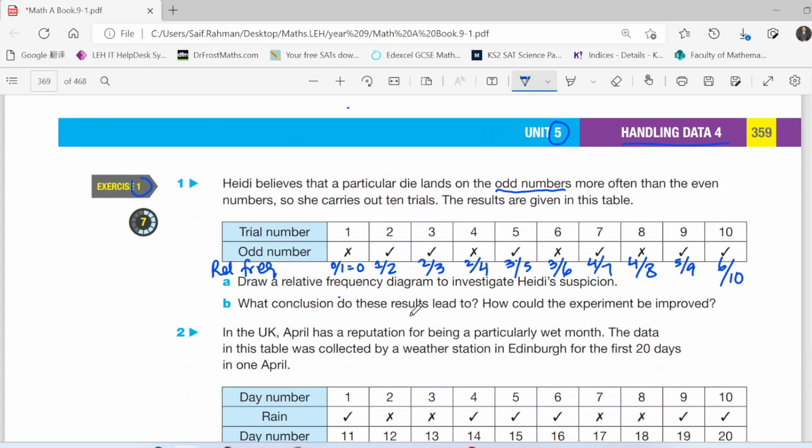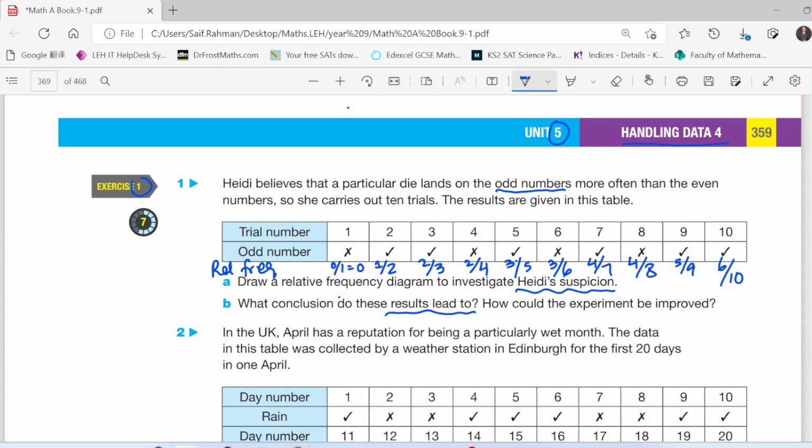The question says draw a relative frequency diagram to investigate Heidi's suspicion and what conclusions do these results lead to. The results lead to the conclusion that 6 times out of 10, the relative or experimental frequency, is 6 out of 10 that the die will land on an odd number.